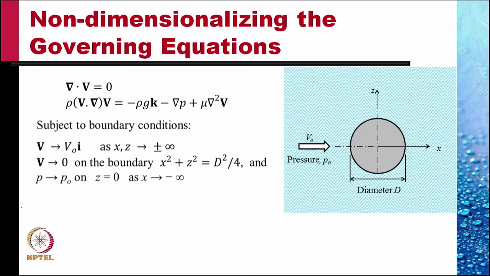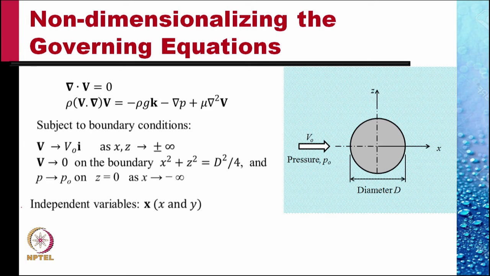And the pressure far away as x tends to minus infinity, far away ahead of the cylinder at the center line, is P naught. In this problem, the independent variables are x and y.